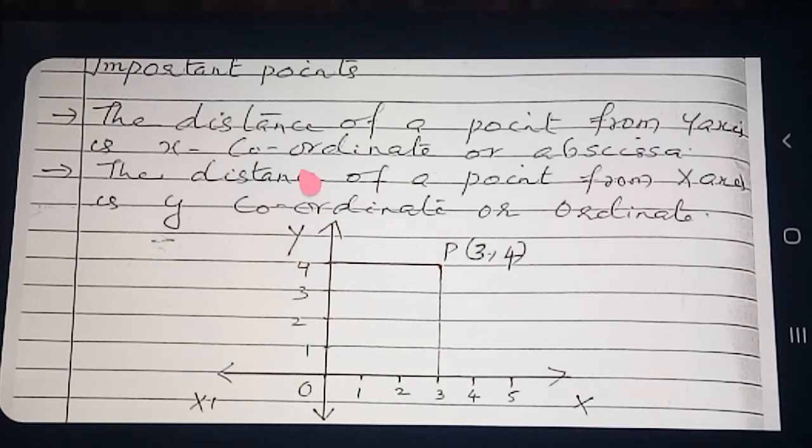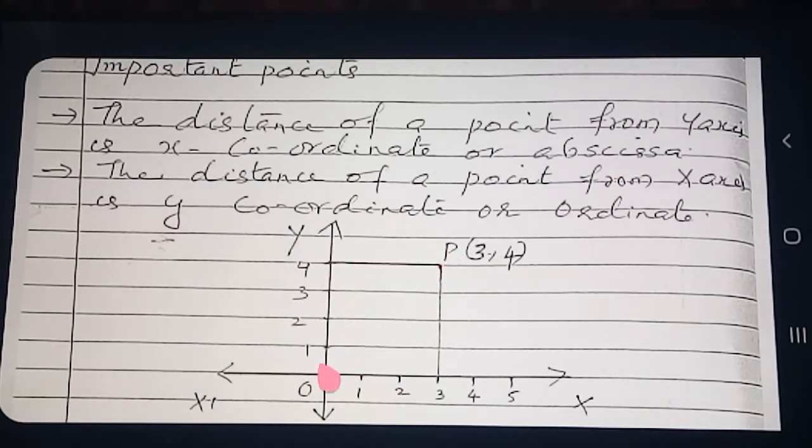Now another definition is given here. This is also sometimes asked in the examination. The distance of a point from the y-axis. Here you see, this is the y-axis and this is the point P. The distance of the point P from the y-axis: see here, this distance.